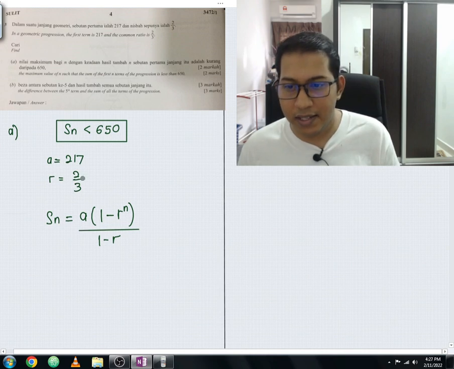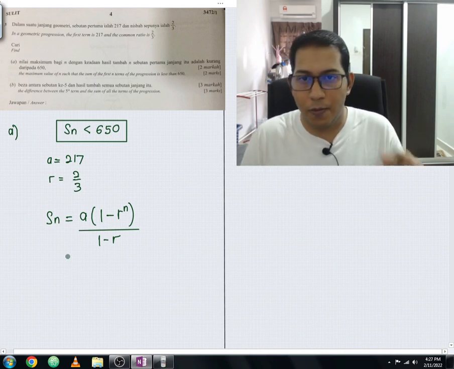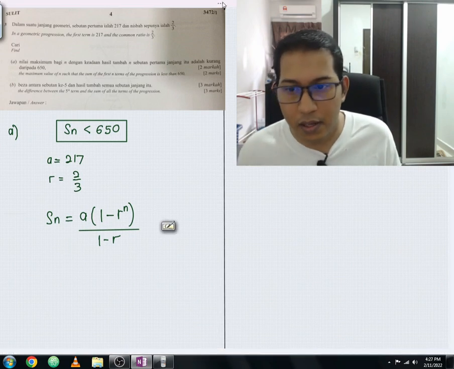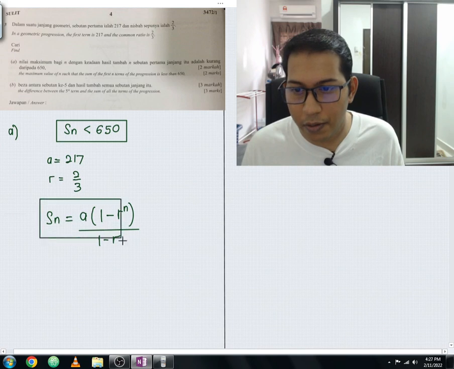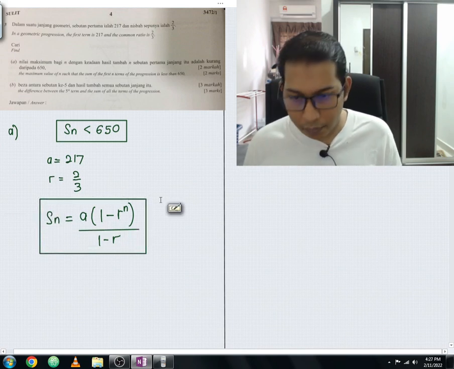Since it is less than 1, we are using this formula. I hope you understand the explanation behind this. Let me box this formula, because this is the formula we are going to use to solve this question.